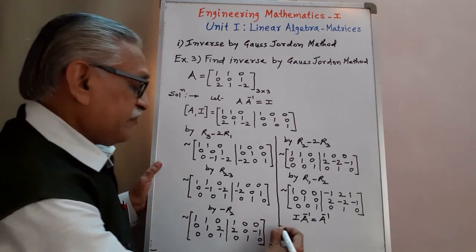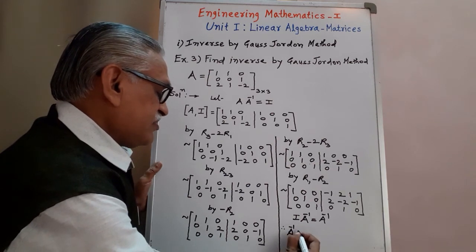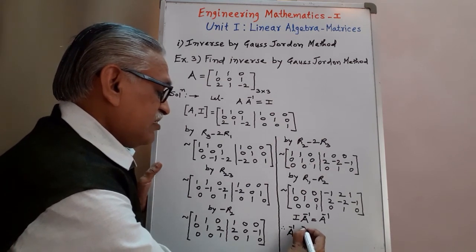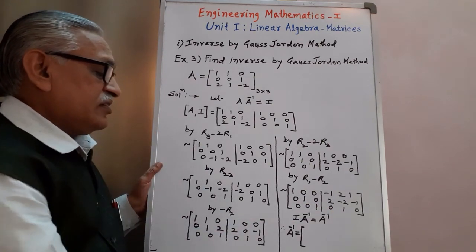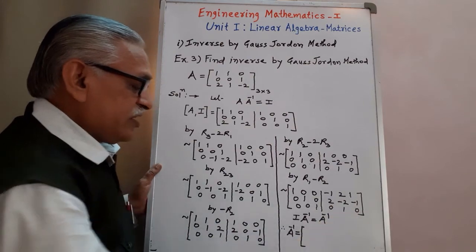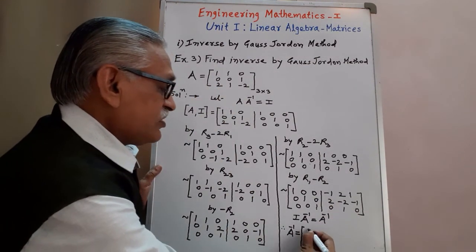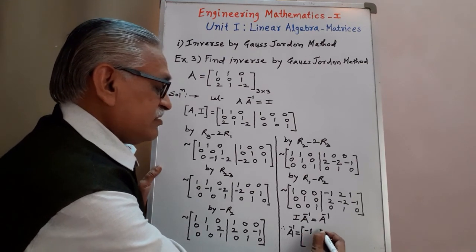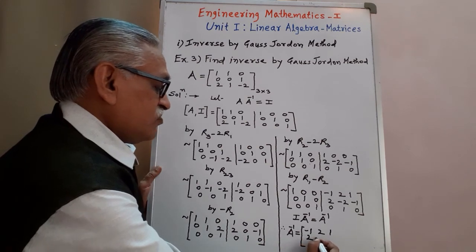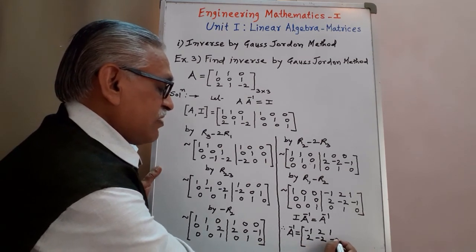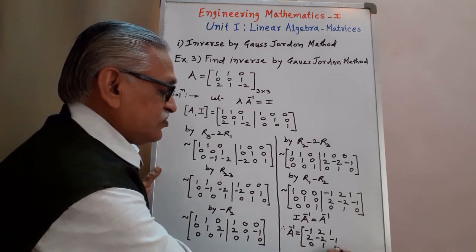And therefore, that inverse matrix is equal to this second matrix, which is called the inverse of the given matrix A. Therefore, A inverse is minus 1, 2, 1, 2, minus 2, minus 1, 0, 1, 0.